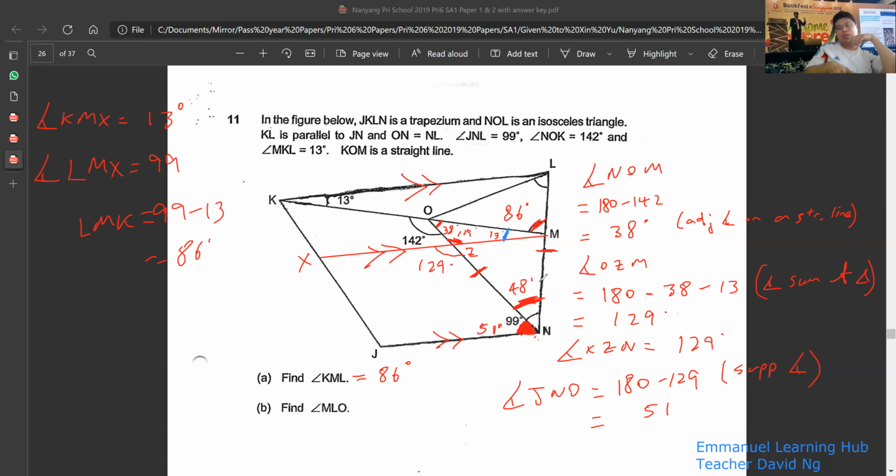Oh, yeah. 99 minus 51 is not 39, it's 48. If you know this angle is 48, you can find this angle now, right? Yes, because this is an isosceles triangle. So can you tell me how to find OLN or MLO? Angle MLO.